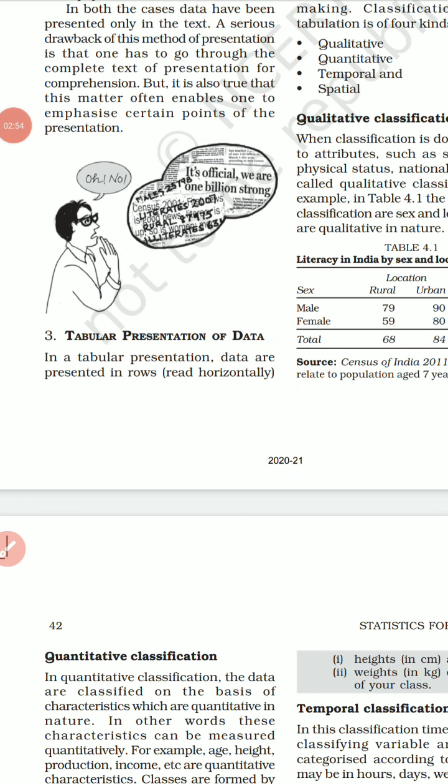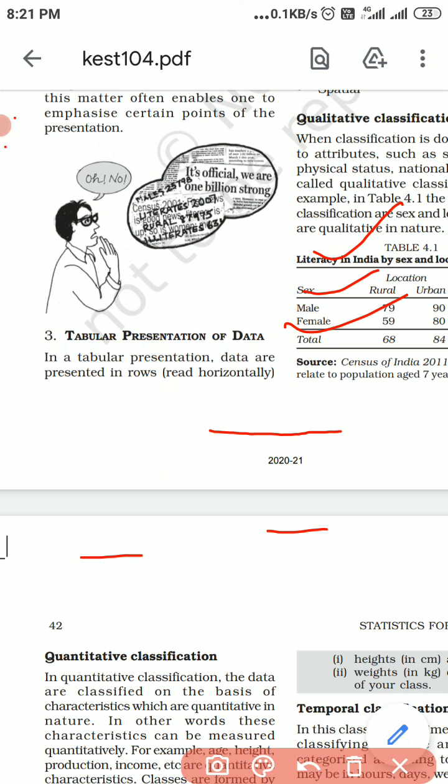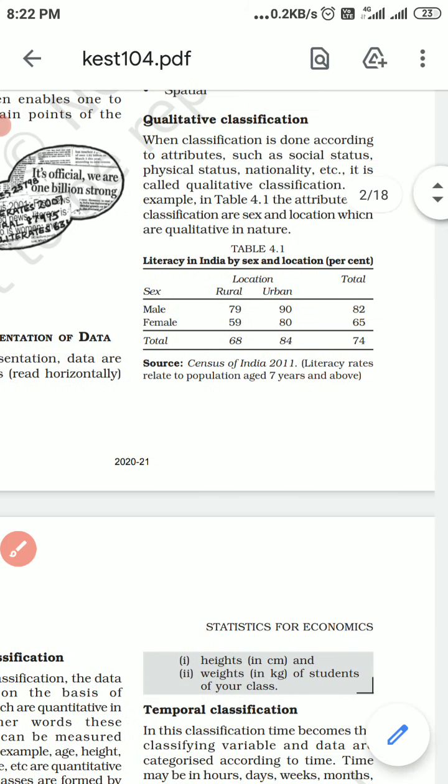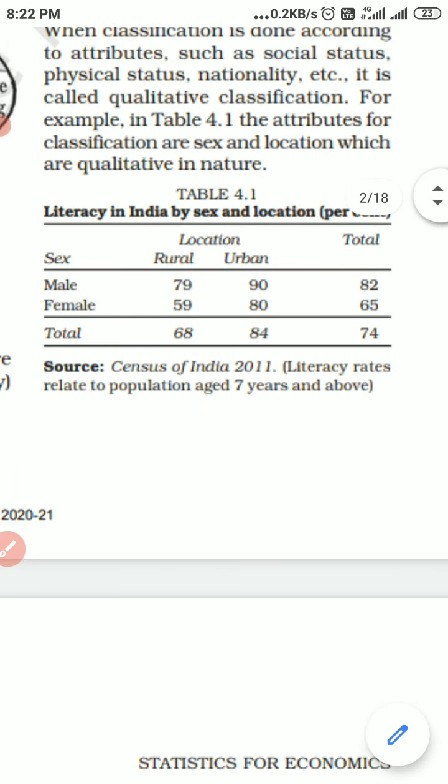Now next is tabular presentation of data. You can see here tabular presentation of data. So in this presentation we present the data in form of some rows and columns put together. You might have seen so many tables in your previous classes also. So you can see here one table is there.